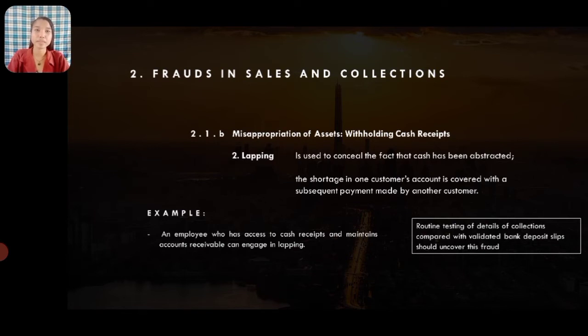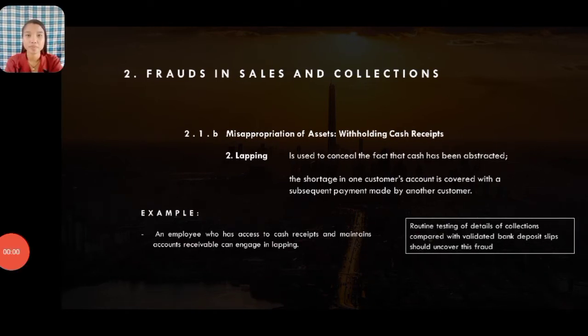By checking the deposit slips and the bank collections, you can avoid lapping. Again, lapping is another type of skimming, but the money is stolen from one account and another account is used to cover it up.